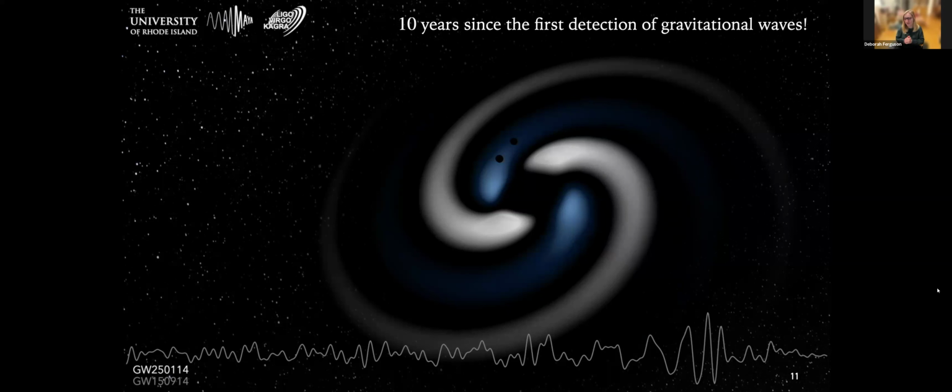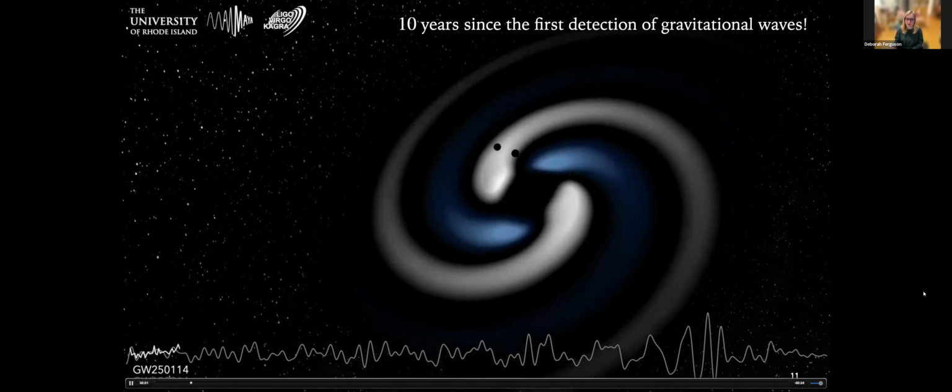So in January of this year, after 10 years of upgrades, we saw a system extremely similar to the very first gravitational wave system that we observed. Same masses, same distance, kind of uncannily similar. And because the detector has made improvements over the last 10 years, we were able to see it 3 times louder because the noise was reduced that much.